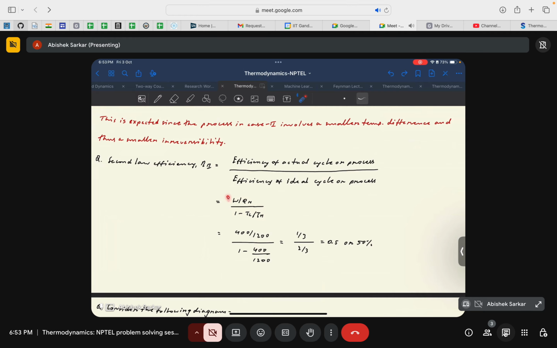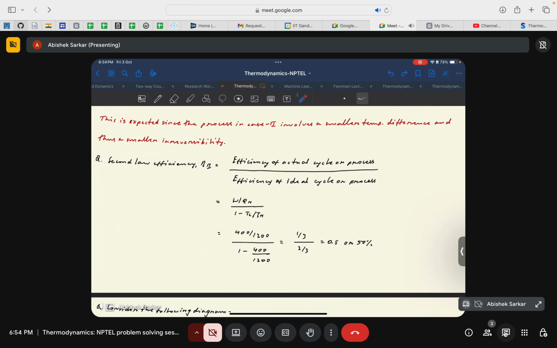This is the generic efficiency formula for any kind of process, be it reversible or irreversible. But for an ideal case, a reversible process, the efficiency is given by 1 minus T_L by T_H. So the ratio of them gives the second law efficiency. We know in the question that the work output was 400 kilowatt and the heat input was 1200 kilowatt, that is kilojoule per second.